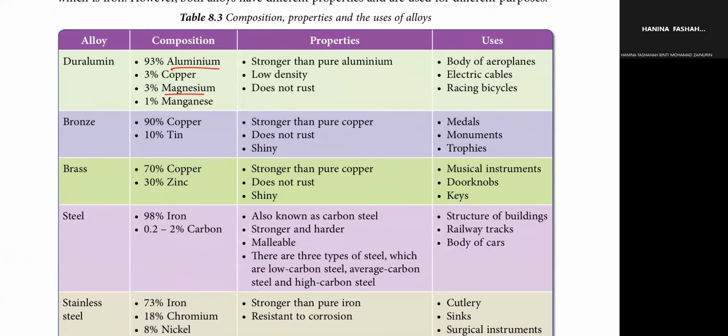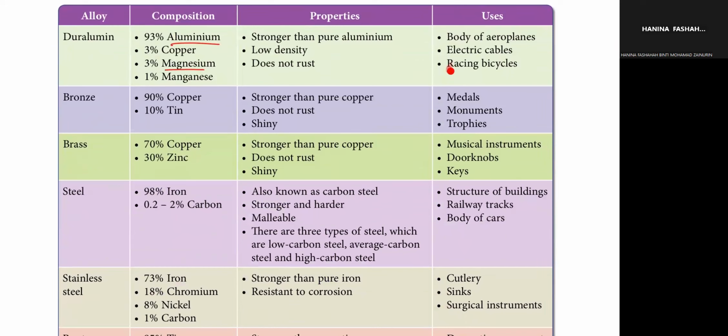So duralumin, you notice racing bicycles. They are made of aluminium, copper, magnesium, manganese. Because they are low density, lighter, that's why they can travel faster. Like aeroplanes, they can travel very fast. Now maybe you ask me, why do some cars use steel? Because steel is actually stronger. Aeroplanes, trains, or bicycles don't always hit each other.